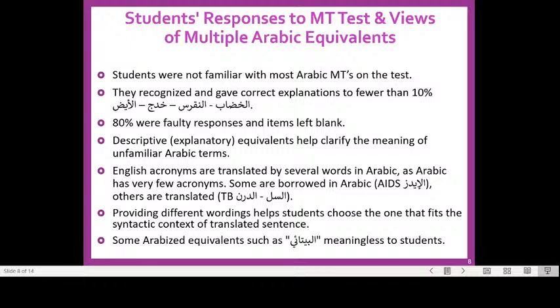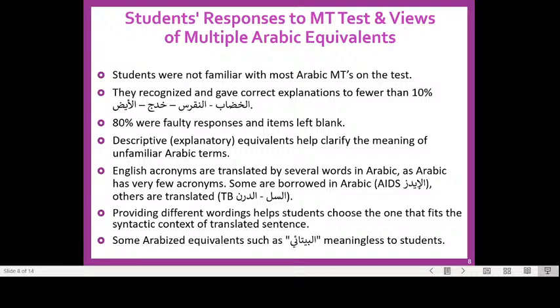For example, they knew the word al-khidab, al-niqras, khuddaj, al-aid. 80% were faulty responses and items left blank. 80% of the items on the test were faulty, or the students did not know the term and left them blank.